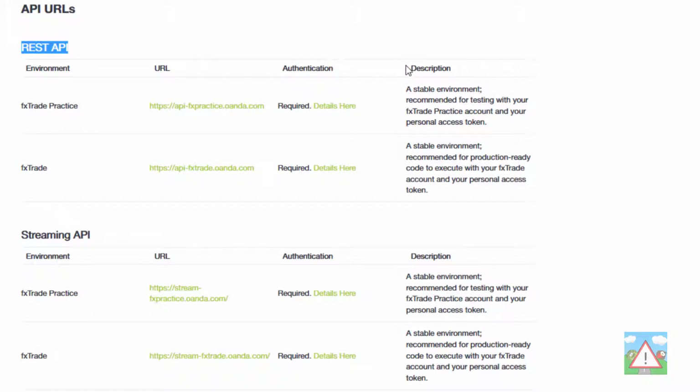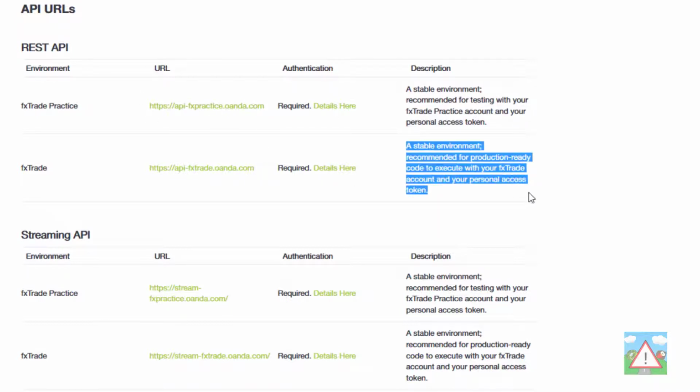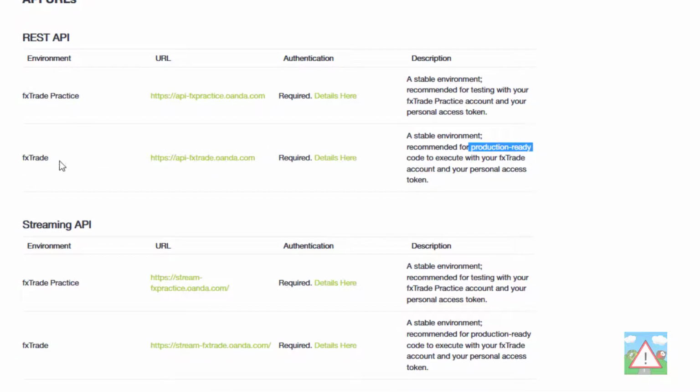Now on the development guide, which I'm on here from Oanda, under the description here you can see that they actually only recommend the practice account for testing. Production ready is actually critical, a couple of words here, is under the FX trade where you're using real money on the account. And here in my experience they're quite correct. The reliability and speed of the information is much better, and that's justifiable.